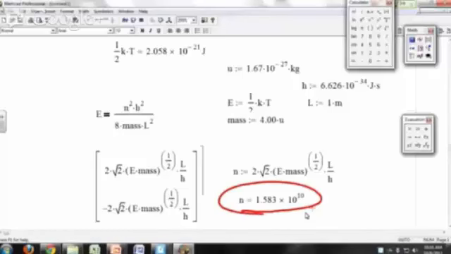So imagine you have a 1 meter box, okay? And the wave function for that helium atom has N equals 15 billion. How many nodes are you going to have within that 1 meter box? You divide that 1 meter length into 15 billion segments. And what do you think is going to happen?